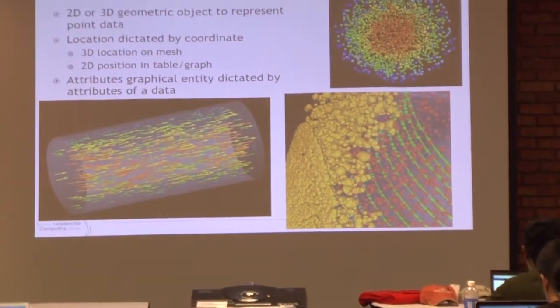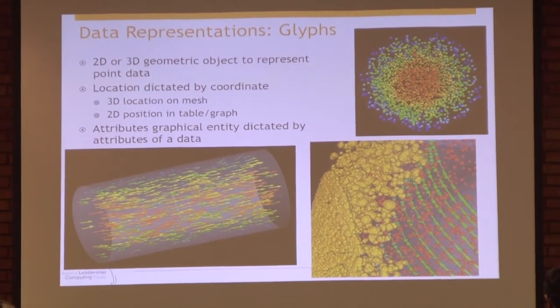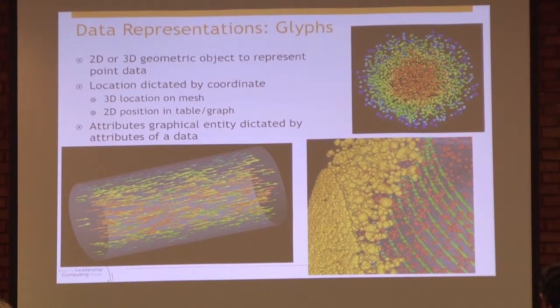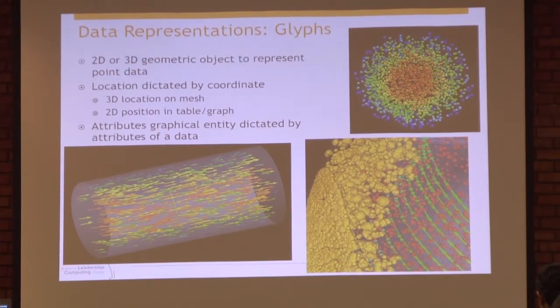Glyphs are another type of data representation. You use a 2 or 3 dimensional geometric object to represent some point of data. Generally the location is dictated by the coordinate, so where it's located on a 2D or 3D mesh. And then other attributes of the data dictate the other attributes of the graphical entity.